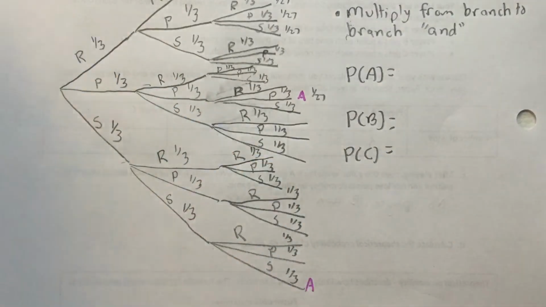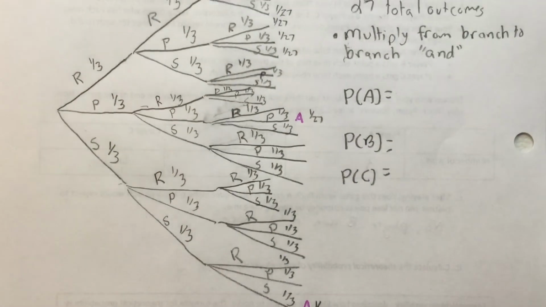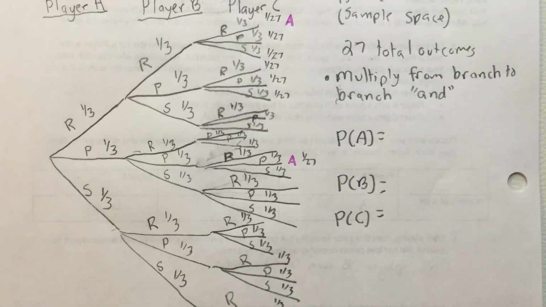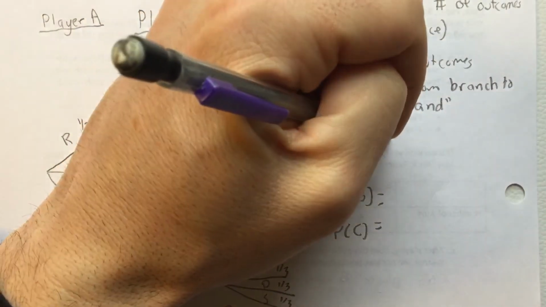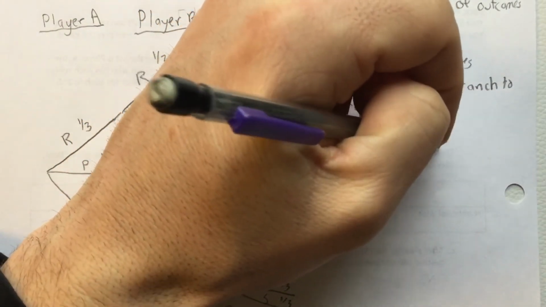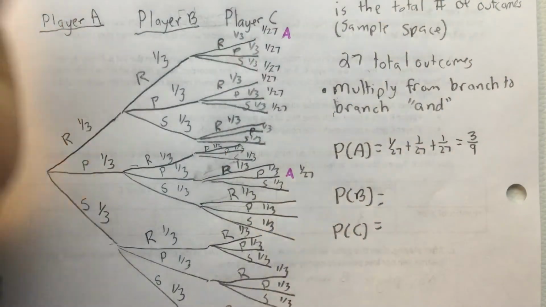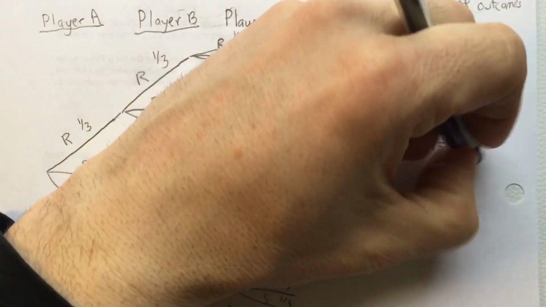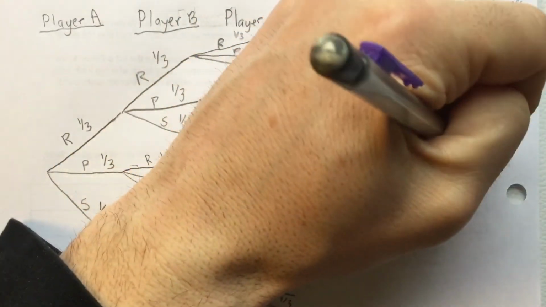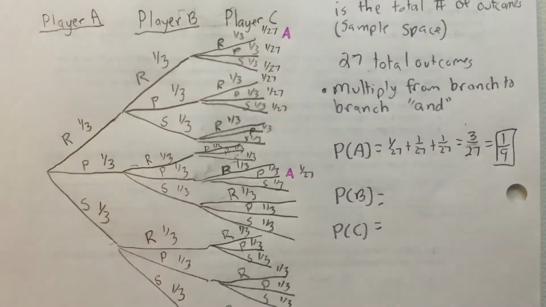So that's player A. Again, that's 1 out of 27. So once you have that, then you add those. So I'd be adding for player A 1 out of 27 plus 1 out of 27 plus 1 out of 27, which is 3 over 27, or 1/9. So player A has a probability of 1/9 chance of winning.